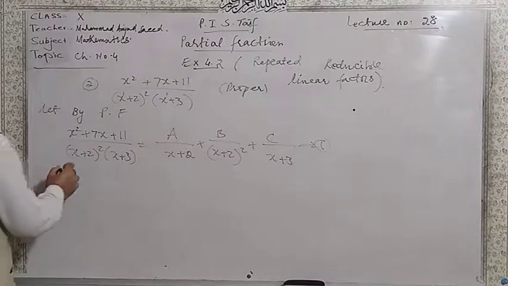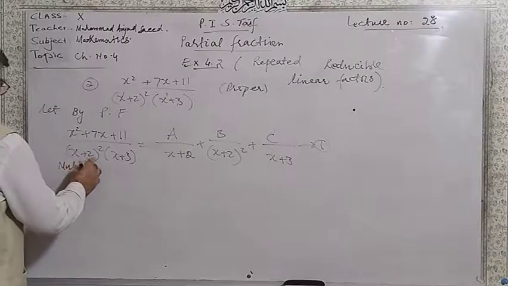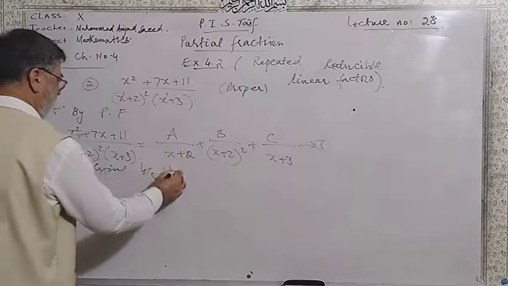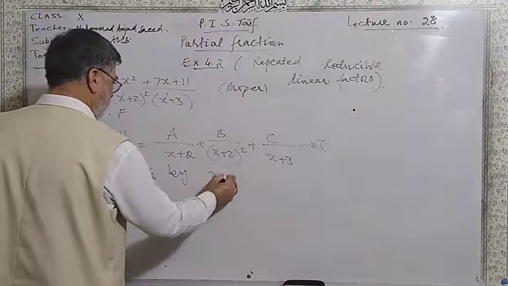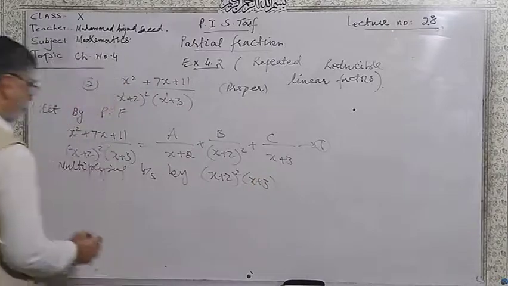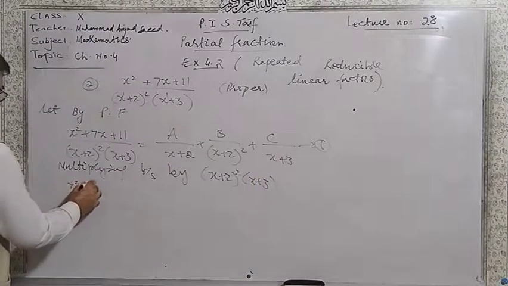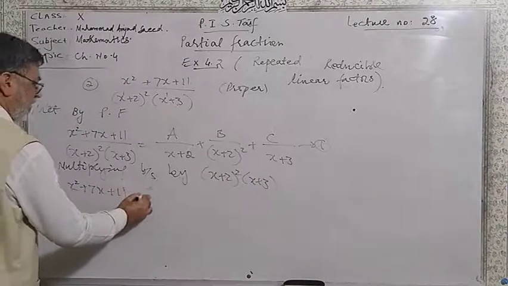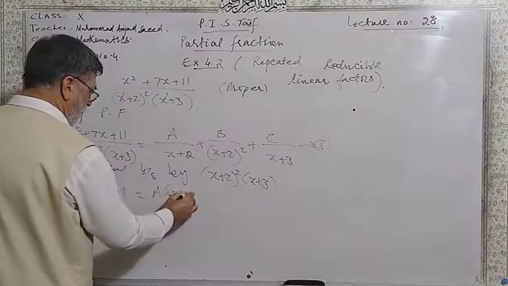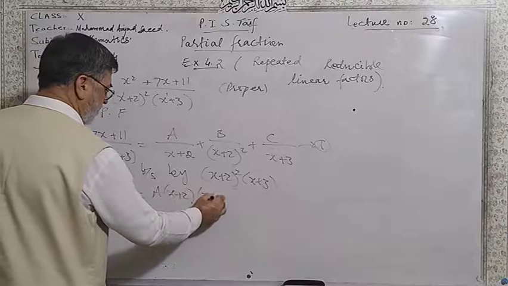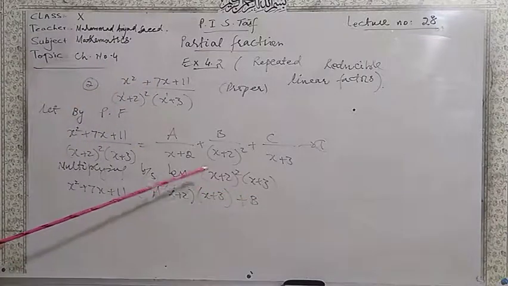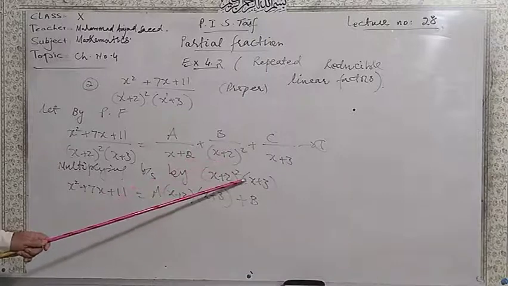So multiplying both sides by LCM, x plus 2 square into x plus 3, we are left with x square plus 7x plus 11 is equal to a into, 1 power cancelled out, x plus 2 into x plus 3, plus b multiplied by this.